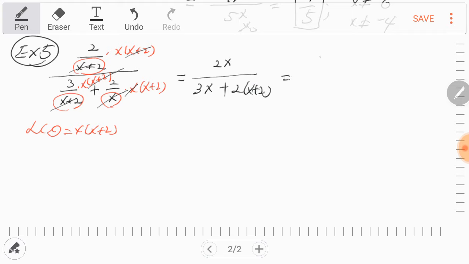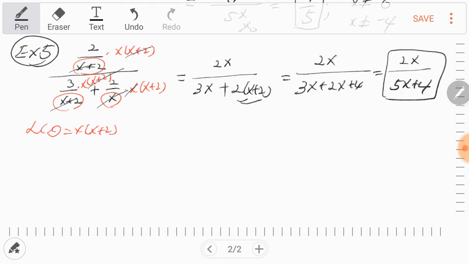Okay, then the numerator is 2x, the denominator is 3x plus 2x plus 4. Use the distribution. Then 2x over, combine the like terms, 5x plus 4. And then this is all. So that's the expression.